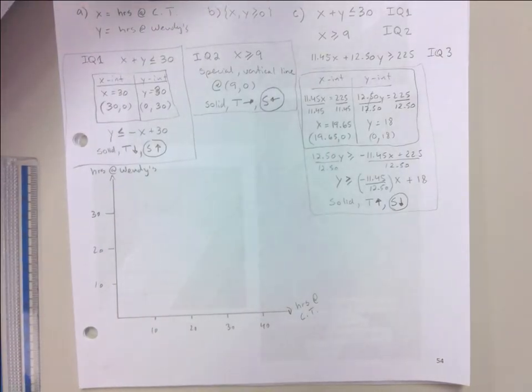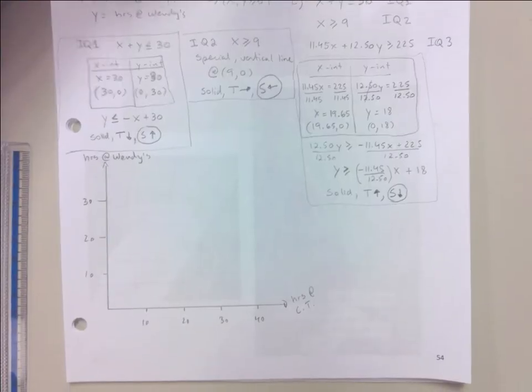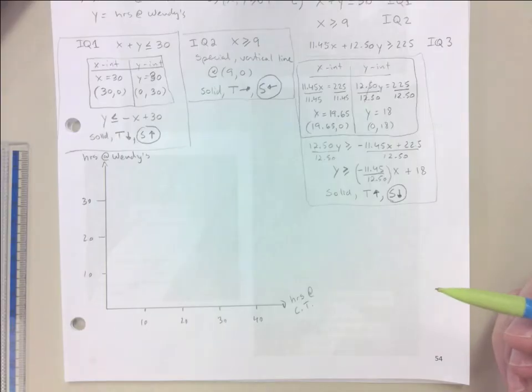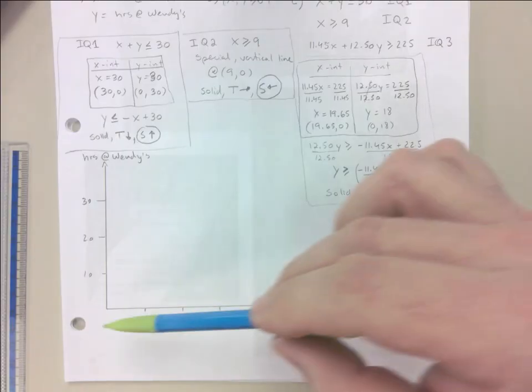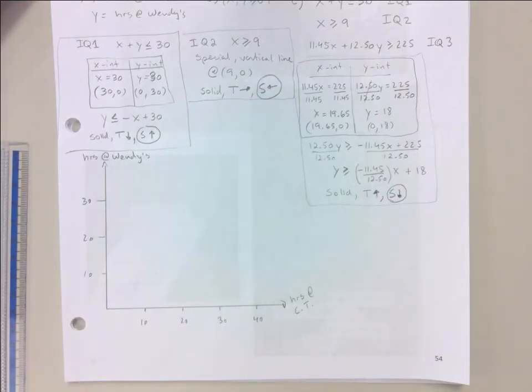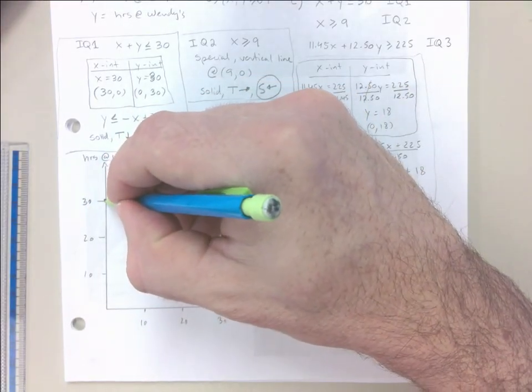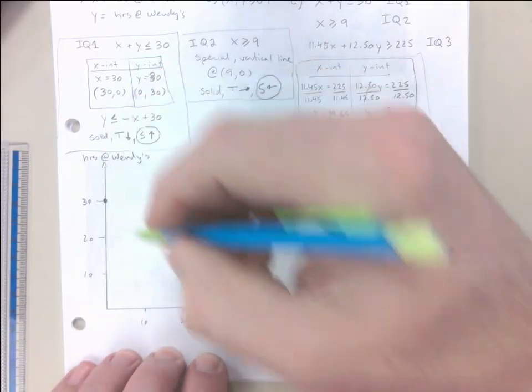Make it fit your graph. So go up by 10s, go up by 10s. And let's plot this thing. So I go (0, 30), (30, 0).